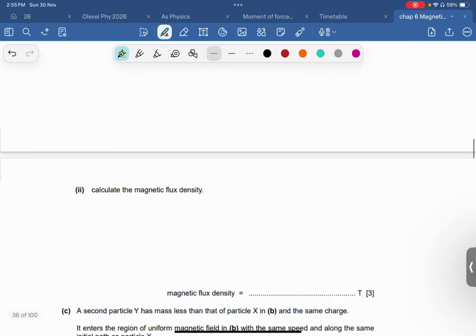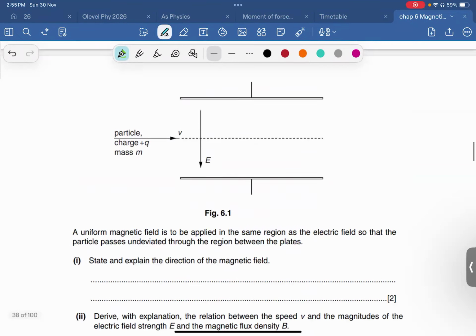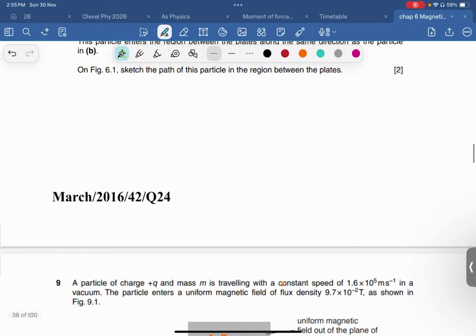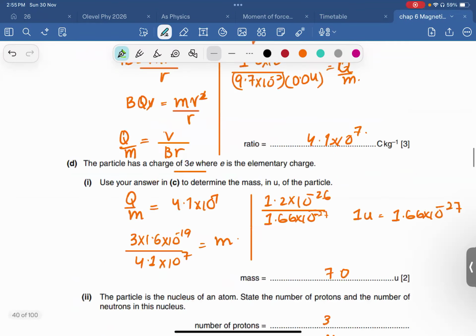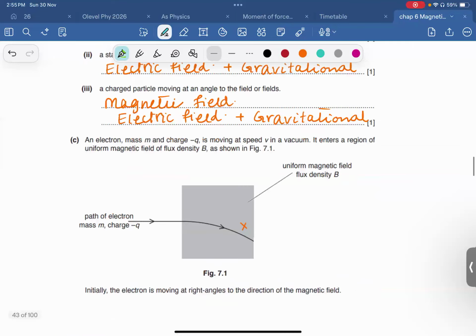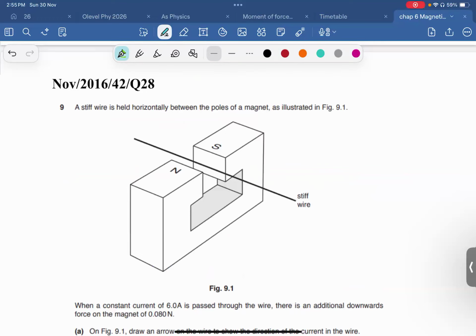Okay, let's move on to this one. By the way, we have done all the charged particle velocity selection and everything, right? Let's try this one. Ibrahim, can you please read the question?